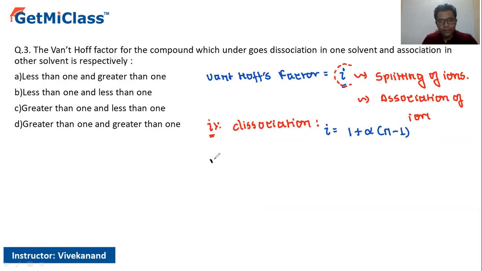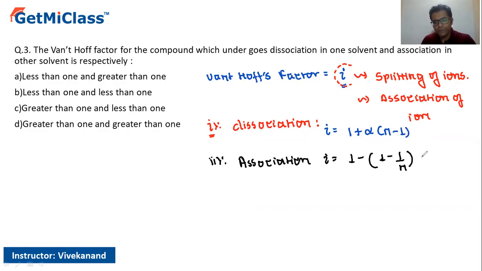And for association, i, that is the Van't Hoff factor, is given by 1 minus the bracket of 1 minus 1 over n, into alpha. Now, whatever the conditions are, we need to understand the value of i for dissociation.